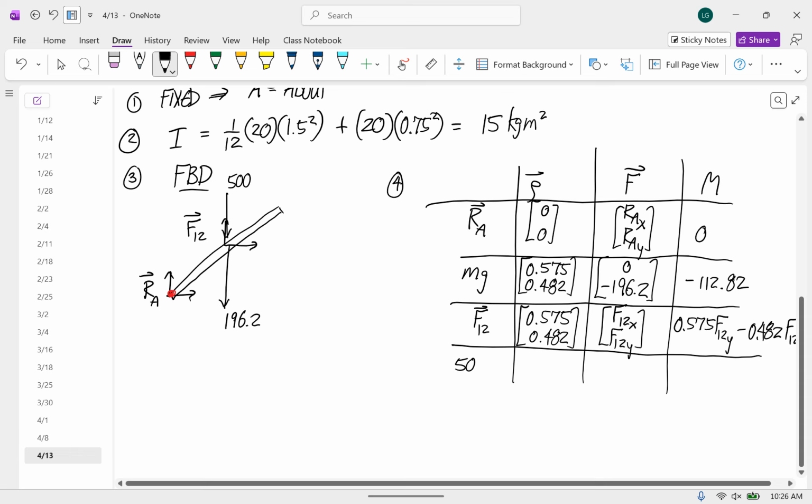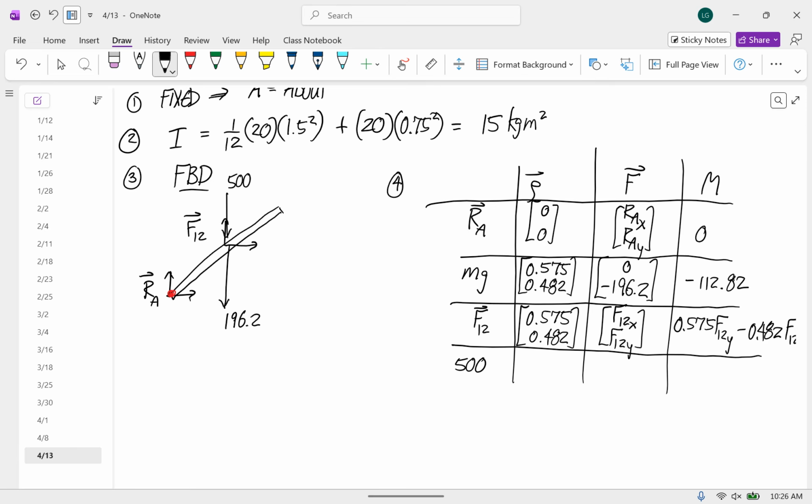And then the 500 Newton force, that's at the same point also. So the row vector is 0.575, 0.482. The force is 0, negative 500. Cross product is negative 287.5.